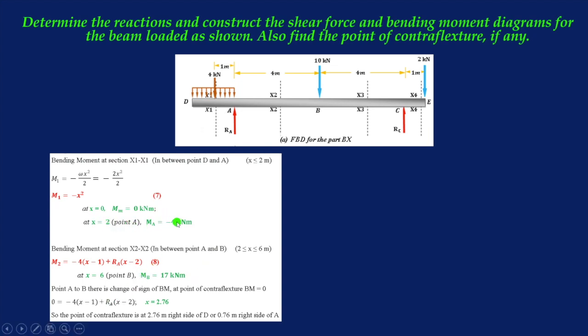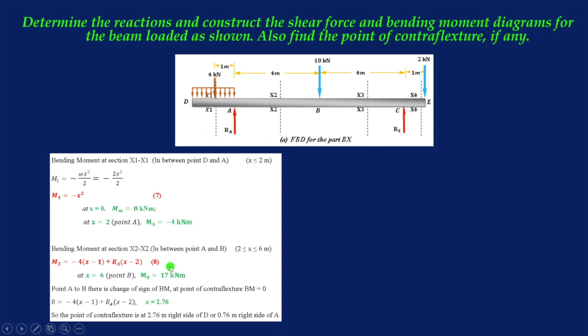And already at x equals 2, we have calculated the bending moment value. Now you notice that we are getting a bending moment here of minus 4 kilonewton meter, whereas at the second section it is 17 kilonewton meter. If there is a change of sign of bending moment, then we are getting a point at which the bending moment is 0.